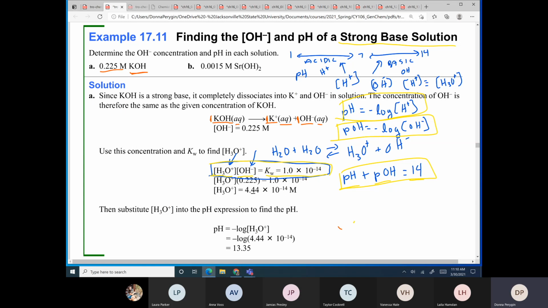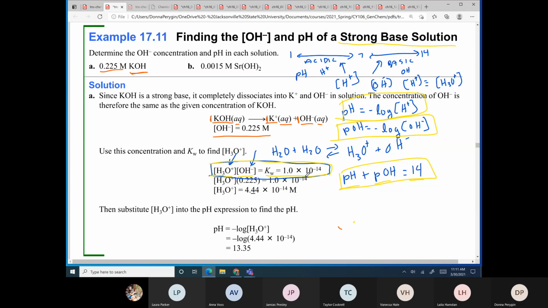So we know that our hydroxide ion concentration is going to be equal to 0.225 molar because we have a 1-to-1 relationship, and we started with 0.225 molar of potassium hydroxide initially.